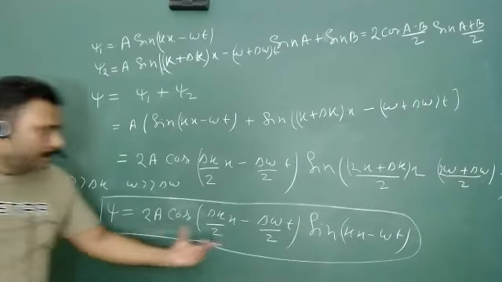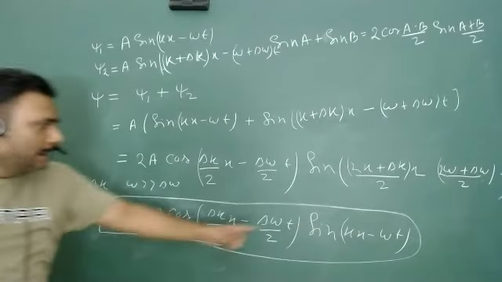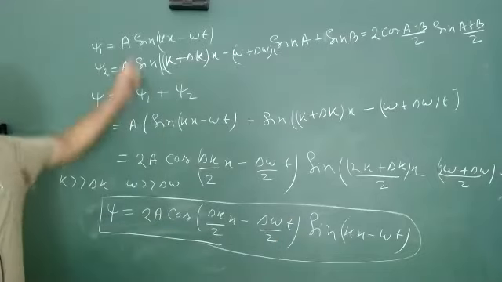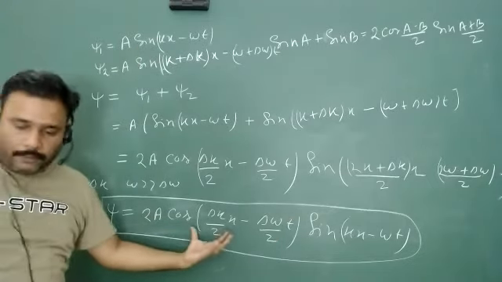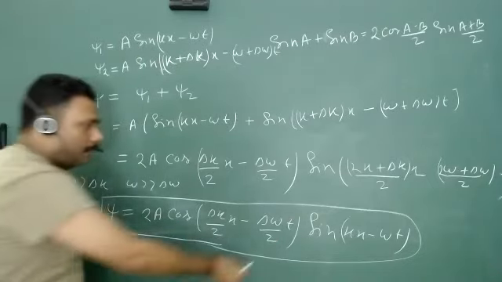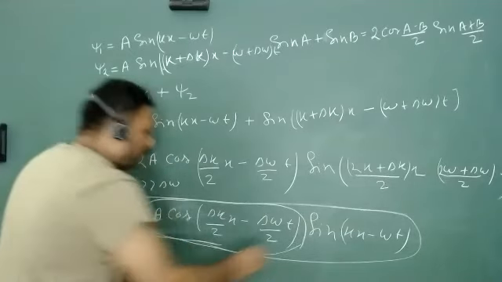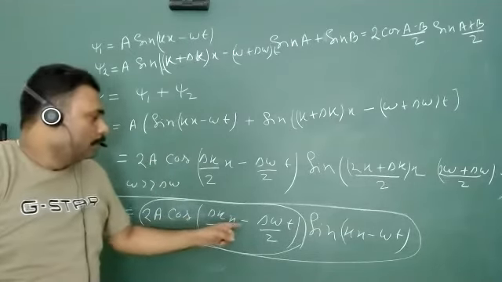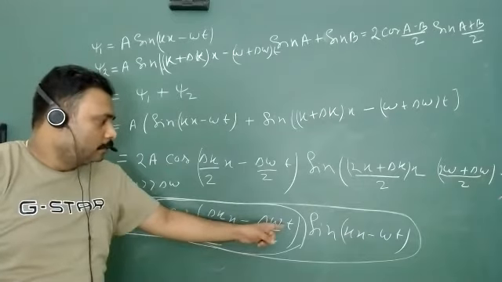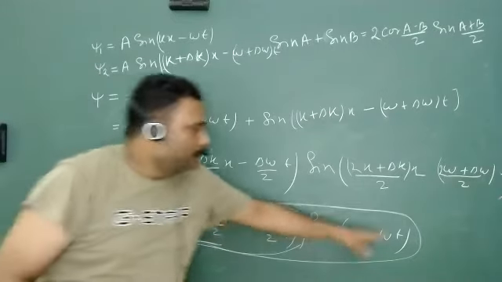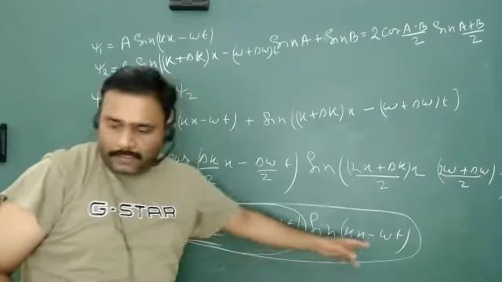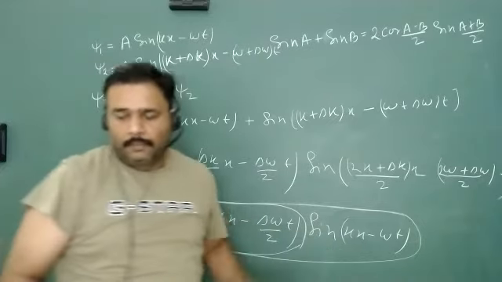This is basically the amplitude term. The amplitude term is going to transform. This is the new amplitude term, 2a cos(delta k upon 2 into x minus delta omega by 2 into t), and this will remain the same thing.